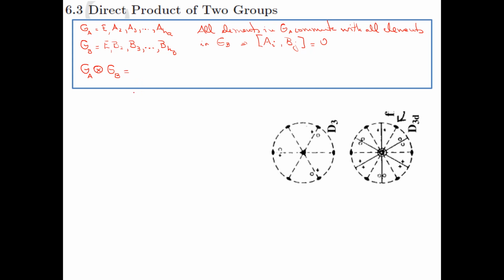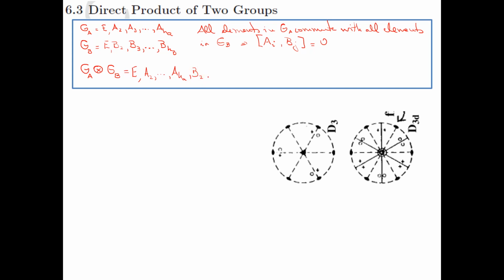So if I multiply the elements of group GA by the identity, I get the elements of group GA. So A, A2, etc. until AHA. Now I multiply all the elements of GA by B2, so the next element is identity times B2, which is B2.